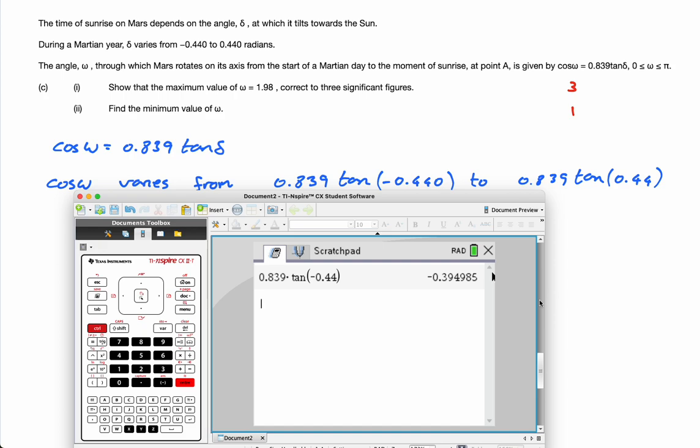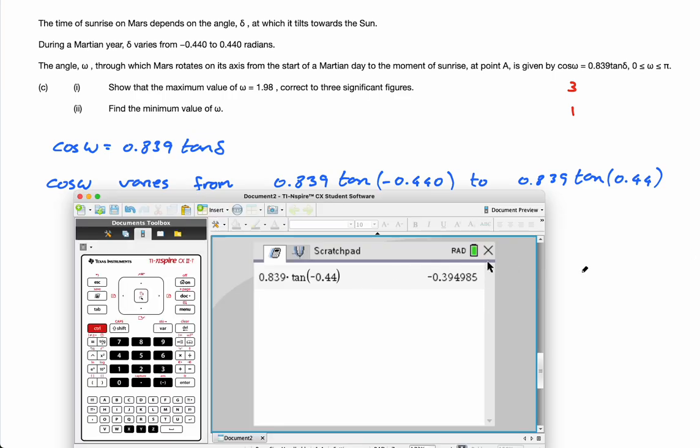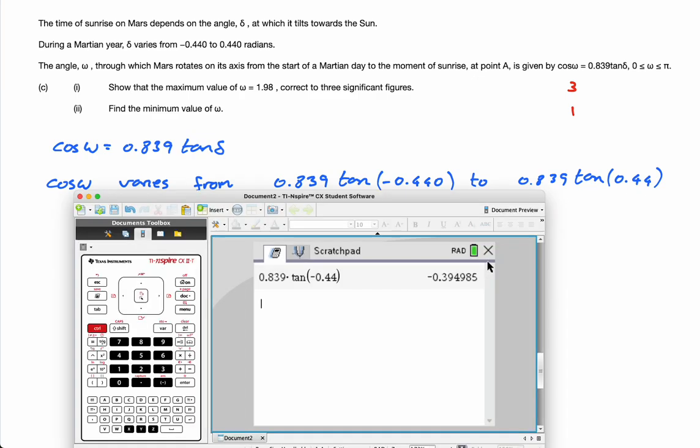This is negative 0.394985. And for this one, 0.839 times tan 0.44, which is just the positive version of that.